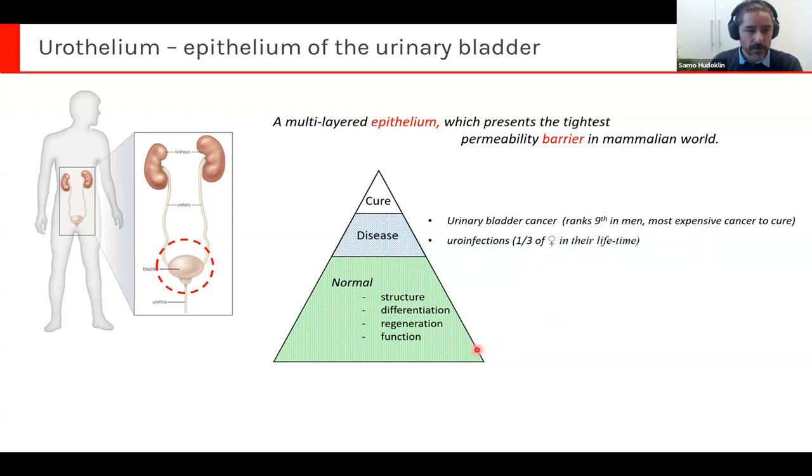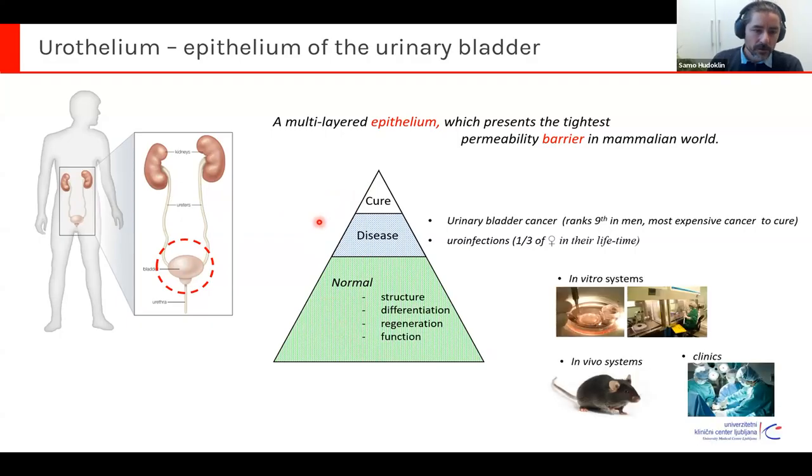So we, as a basic institute, are studying the normal processes in the bladder, then diseases, and all this in order to find better strategies to cure the diseases. For studying, we use different model systems, in particular in vitro systems.